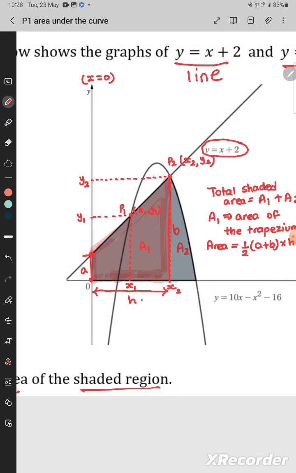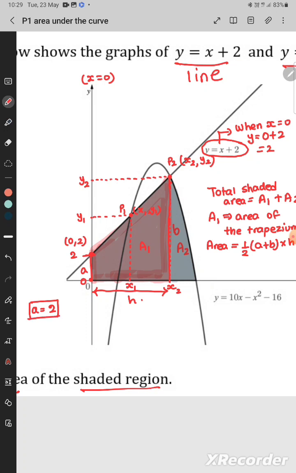So when x is equal to 0, what will be y? y will be 0 plus 2, which is 2. That means this point is (0, 2). So the y coordinate is 2. This is the origin, that means this is 0. So what is A? A is basically 2 minus 0, which is 2.